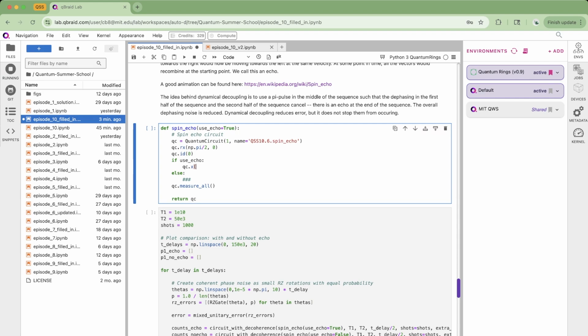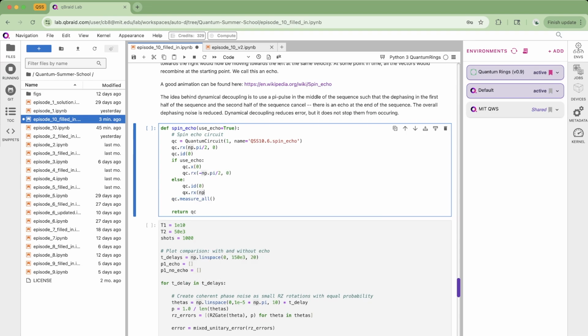But actually in this case, because we've flipped everything upside down, we actually want to do a minus rotation. In the other case, we'll do the identity and then the X rotation again. In both cases, in the absence of decoherence, we should expect to measure 1 at the end of the circuit.